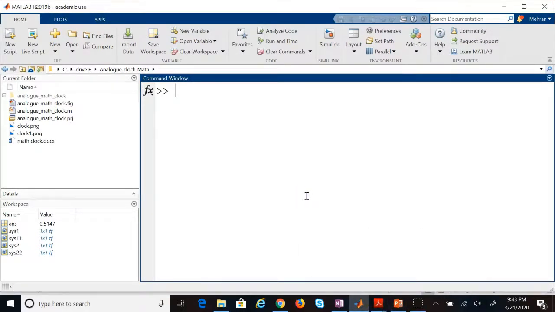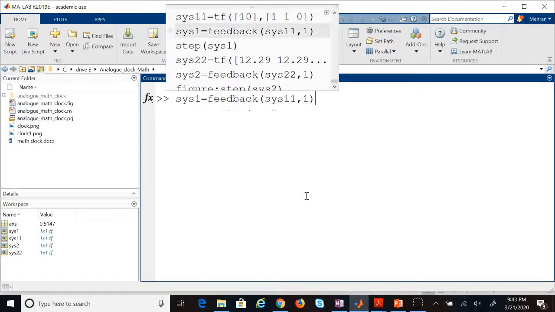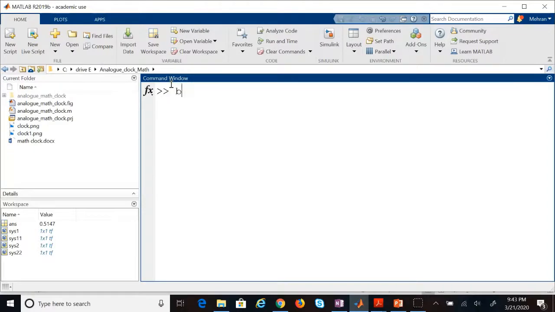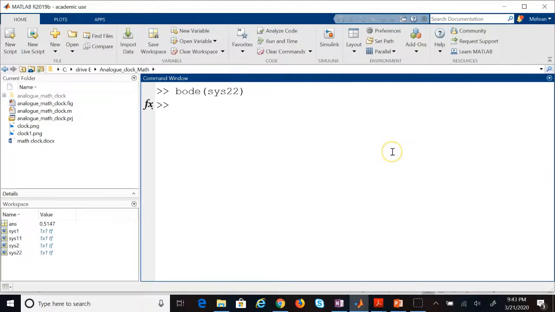And we can do all sorts of things later. For example, we had the system 11, right, or 22, which is this one. And I'll show you later when we plot the frequency responses of these systems. One of the plots is this guy here, Bode plot. If we do that, of course, you have to define a different thing, and that is the compensator only, not with G included.